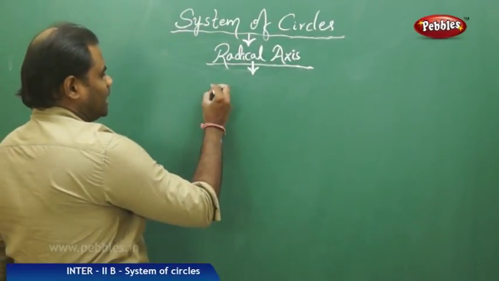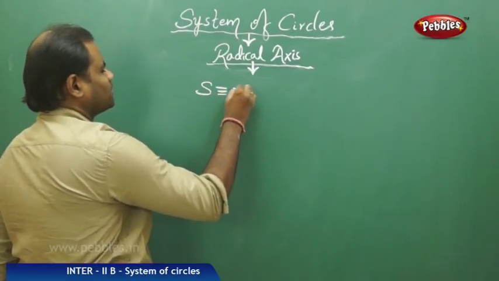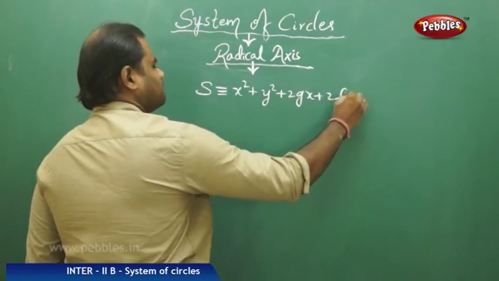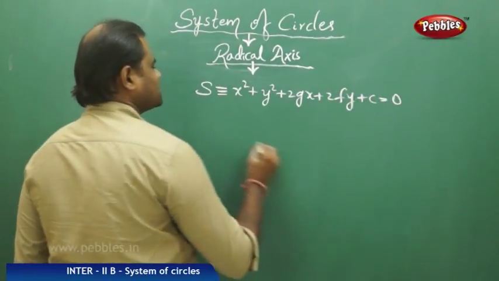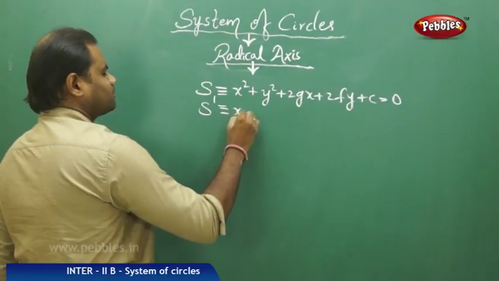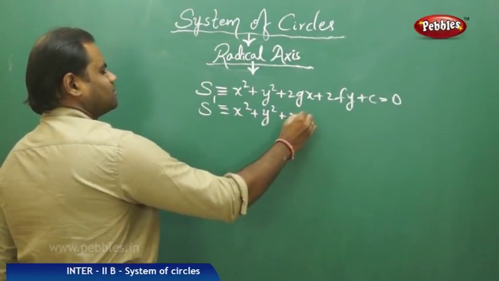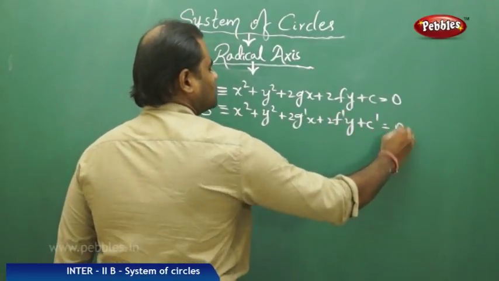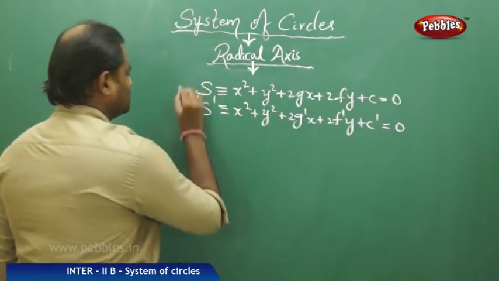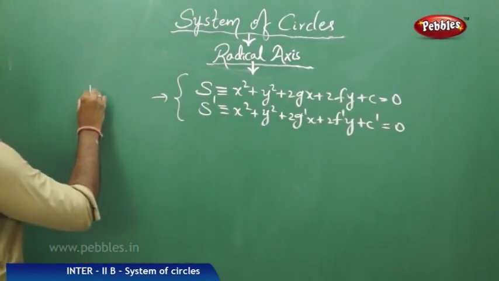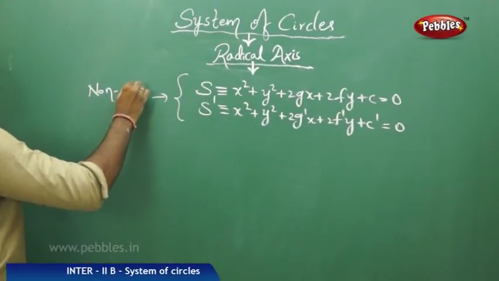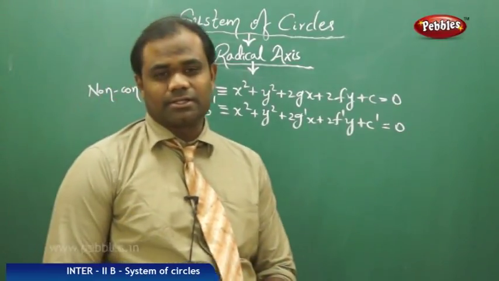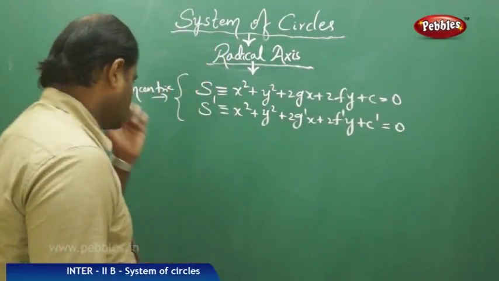Suppose I have two circles, S: x square plus y square plus 2gx plus 2fy plus c equal to 0, and S dash equal to 0, and the condition is that these two circles are non-concentric, because the radical axis does not exist for concentric circles.